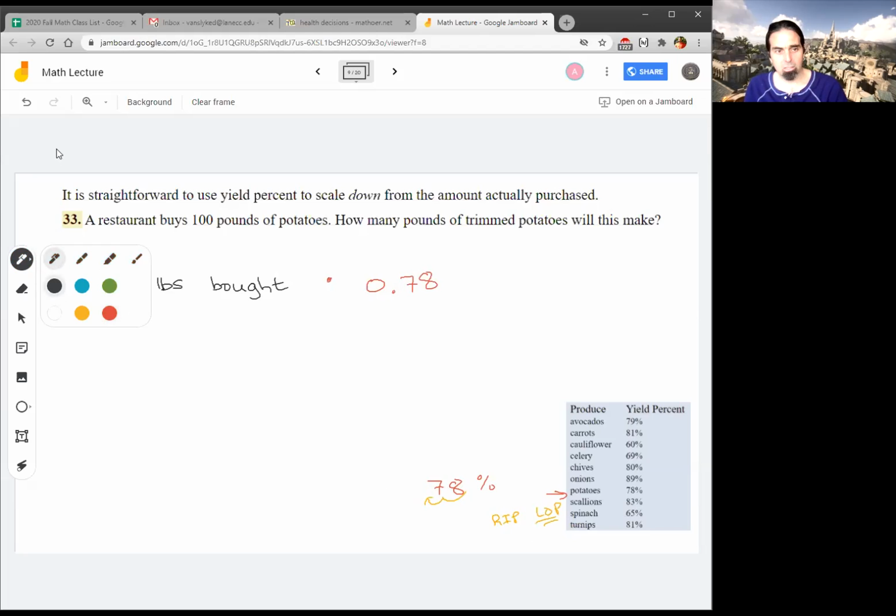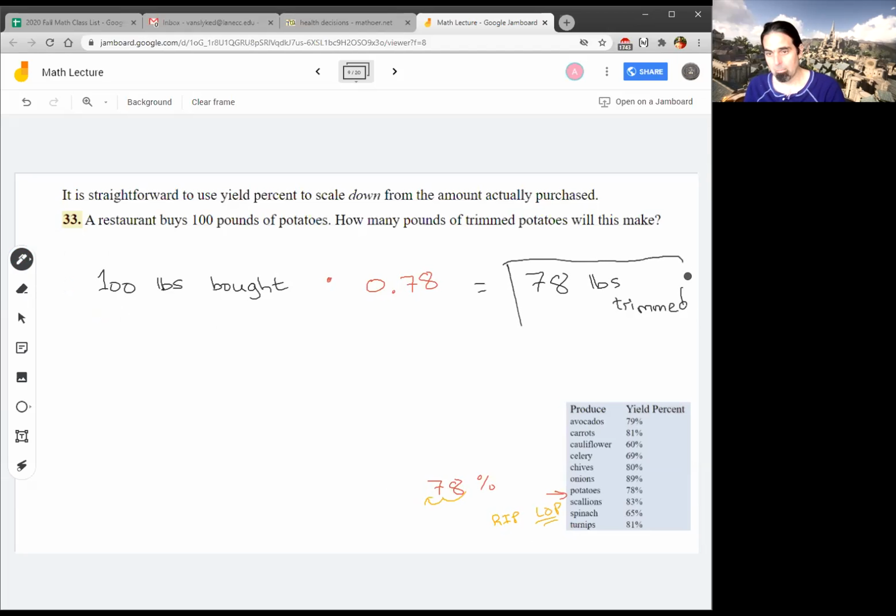And unsurprisingly, since we started with 100, we get 78 pounds of trimmed potatoes. So that kind of yield percent is easy, which is why the restaurant industry picked that.